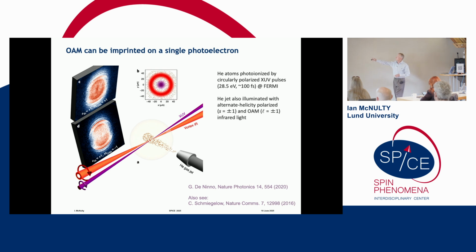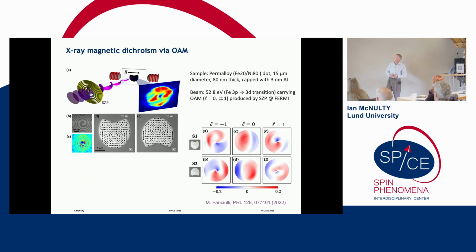This was published in 2020, but there are also hints back by Schmigelo in 2016, so it's worth checking the earlier publication. And we now know, in fact, I'm sure we'll hear more about it this week, that X-ray magnetic dichroism can be visualized by OAM directly in systems which have quite large magnetic structures compared to electronic orbitals, that is.